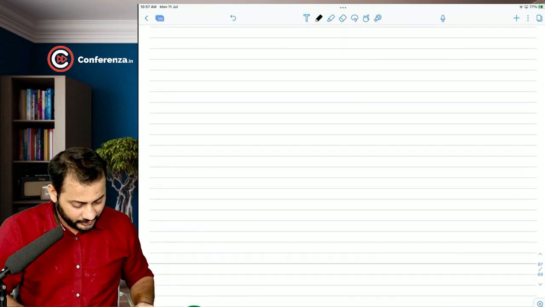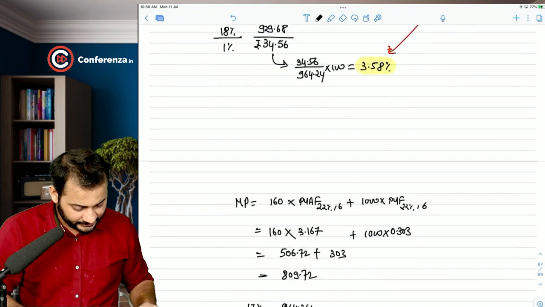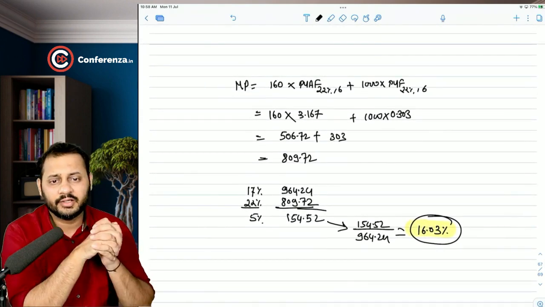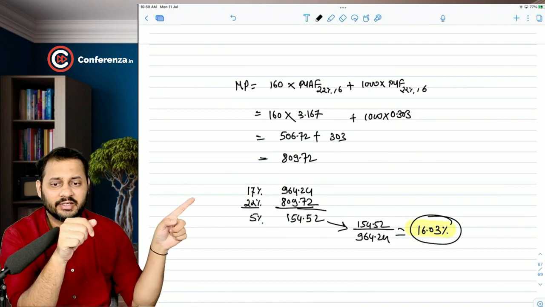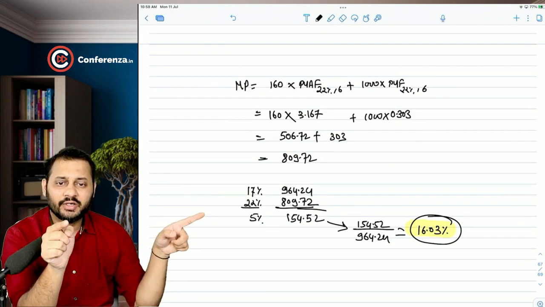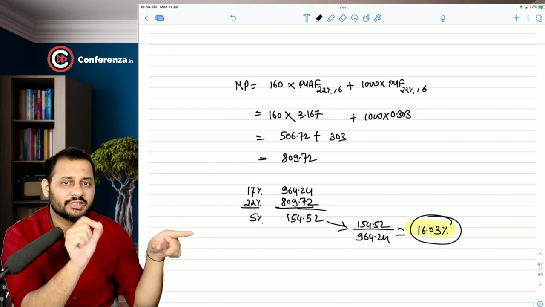We had discussed it in the previous lecture when we increased the rate from 17 to 22%. From 17 to 22%, the actual difference in the market price was 16.03%.